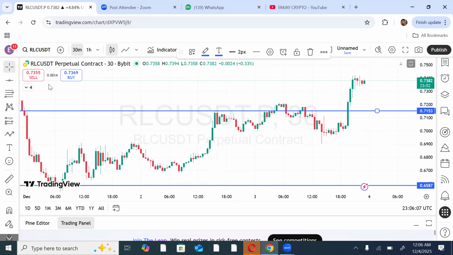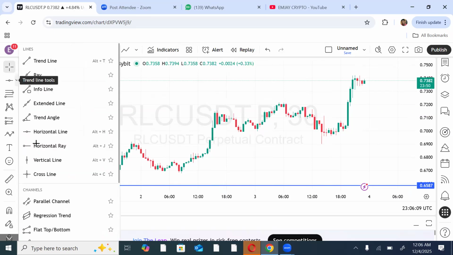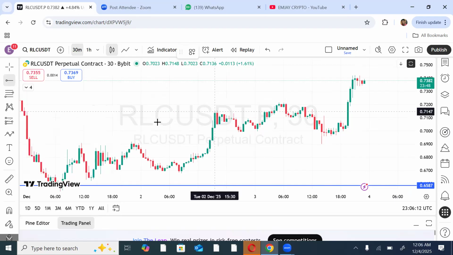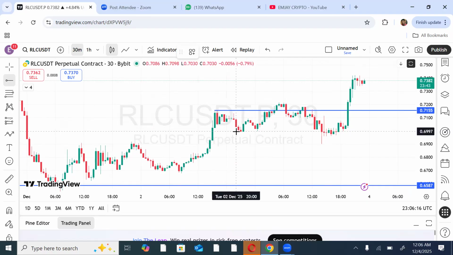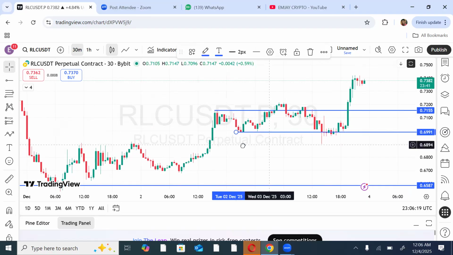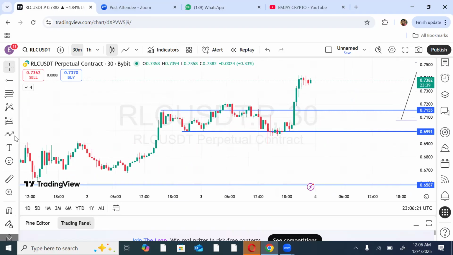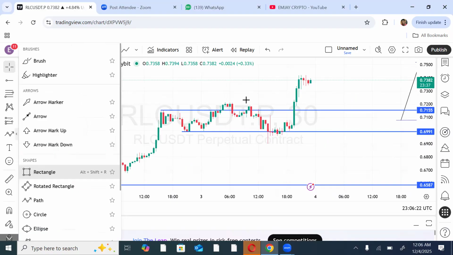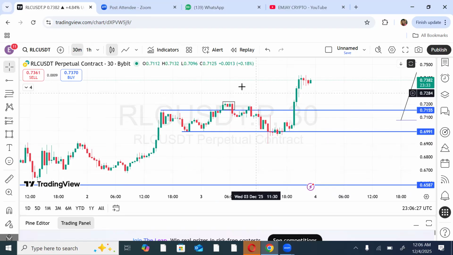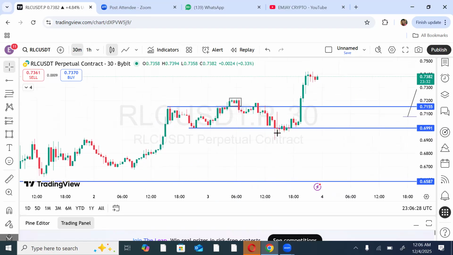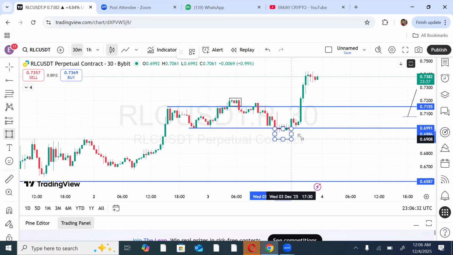Oh, sorry, horizontal ray. I think that works better. Perfect. So this is the missing puzzle. So we have our first sweep of liquidity and then second sweep of liquidity. And now we have a valid break of structure.